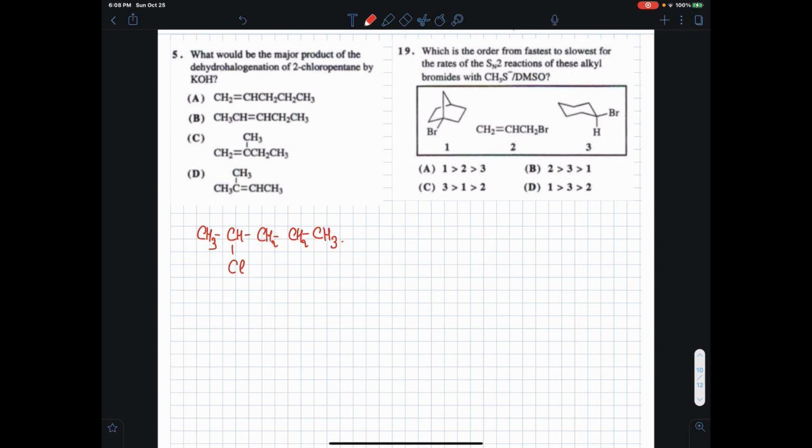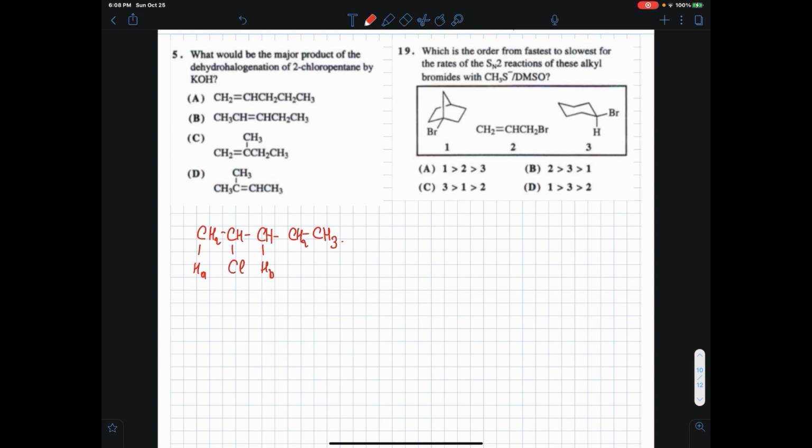And then she's looking for the dehydrohalogenation. So what's going to happen here is that this KOH is a small strong base. It's going to come in and grab the hydrogen and then form the double bond. But now we have to decide which hydrogen it's going to grab. Is it going to grab this hydrogen A or this hydrogen B?